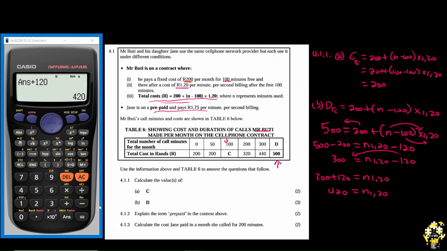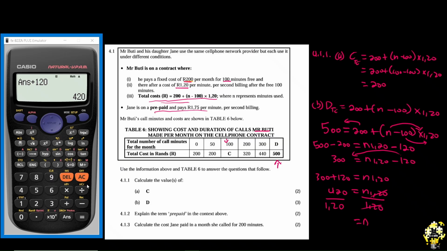Because this number goes with a variable, it has an n that we're trying to solve for. So this is more like n multiplied by 1.20, 120 cents. We can simply divide by 1.20. Why are we doing that? Again, go and watch that video. We are doing that so that this can cancel this so that we can remain with an n.